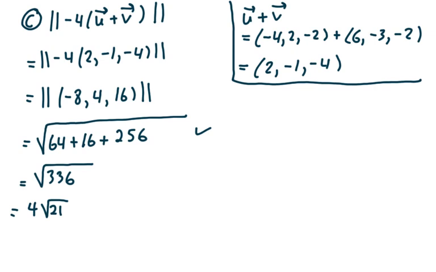So in other words, the norm of negative 8, 4, 16 is the square root of 64 plus 16 plus 256. And so we're looking, in other words, for the length of this vector. That's the square root of 336. And when we simplify that, we should come up with 4 times the square root of 21. That's part C.